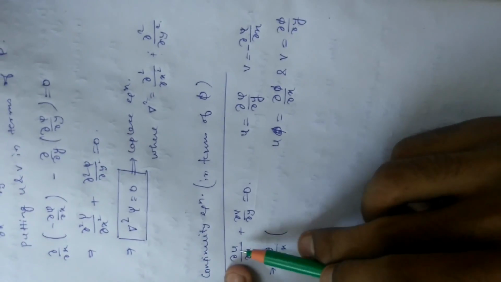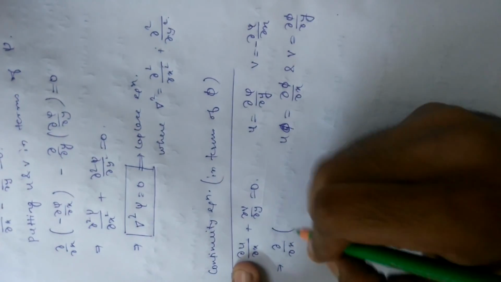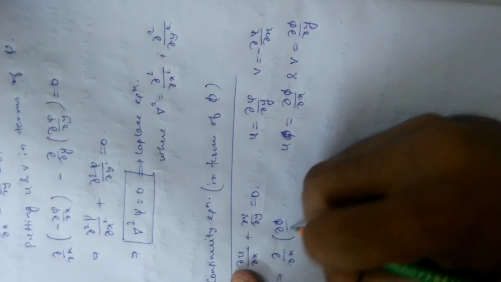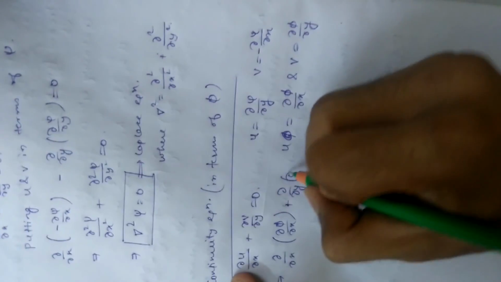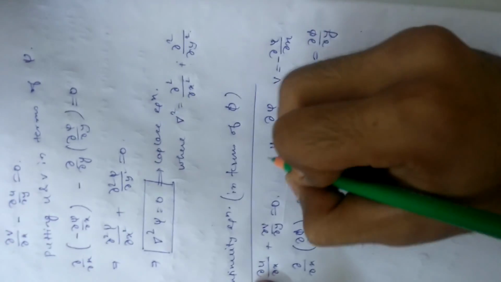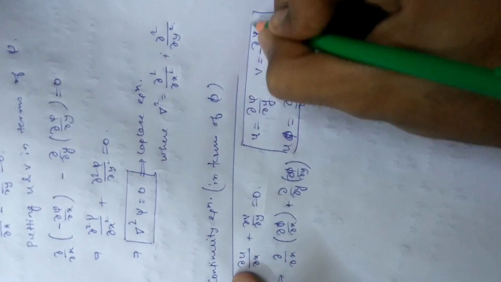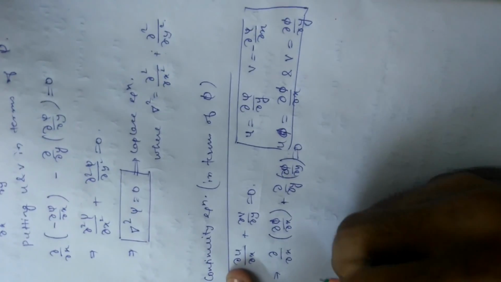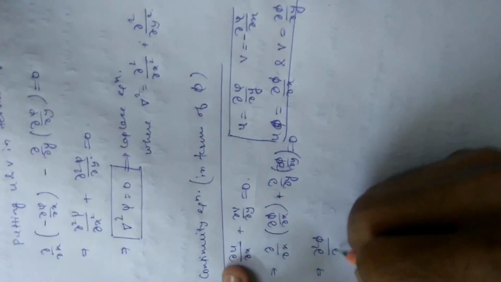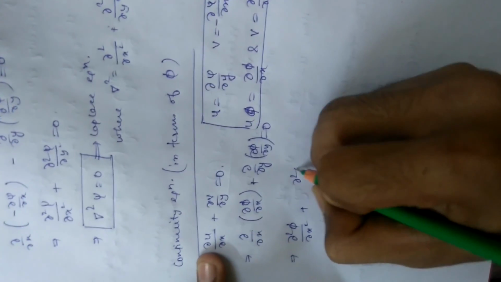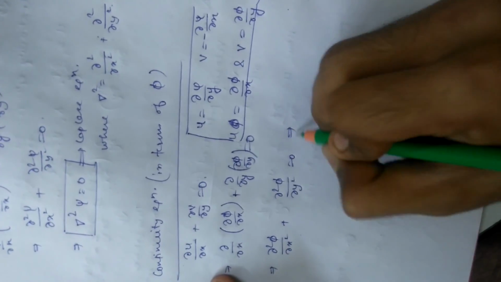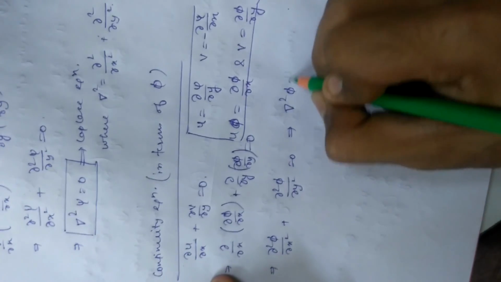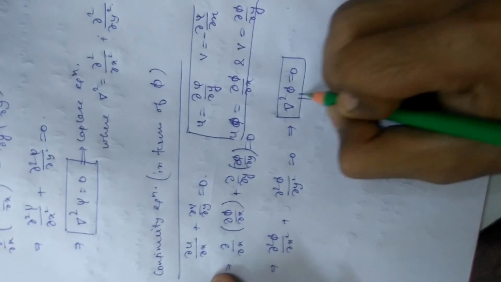Putting the value of u in terms of phi, let's see what happens. Del phi upon del x plus del y of, instead of v we'll write del phi upon del y, equals to 0. This turns out to be del square phi upon del x square plus del square phi upon del y square equals to 0. This can also be written as del square phi equals to 0. This again is the Laplace equation.